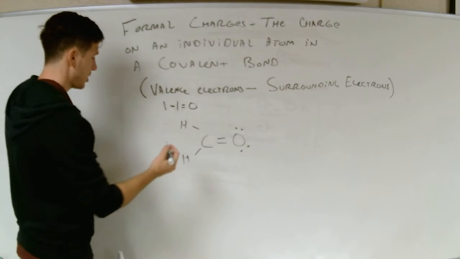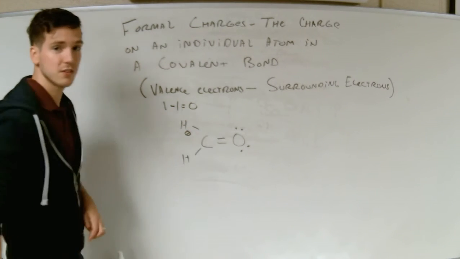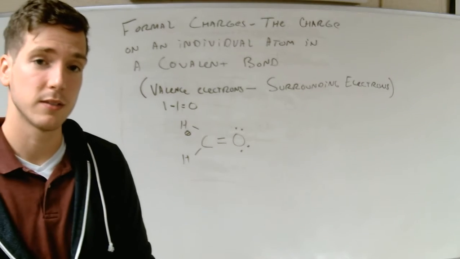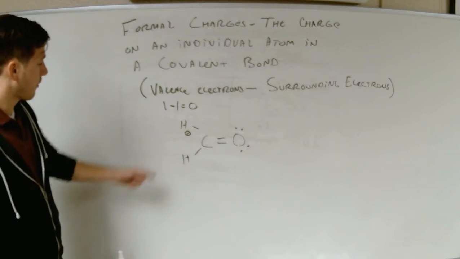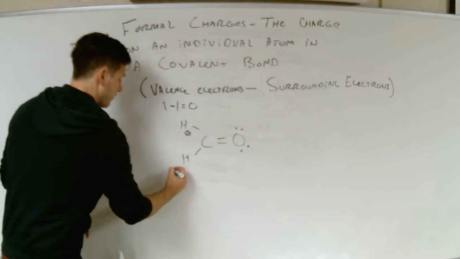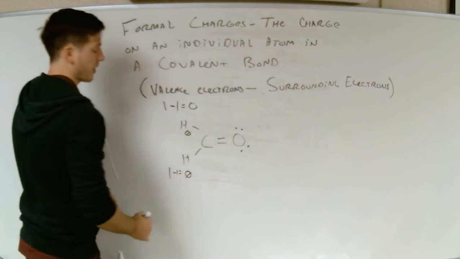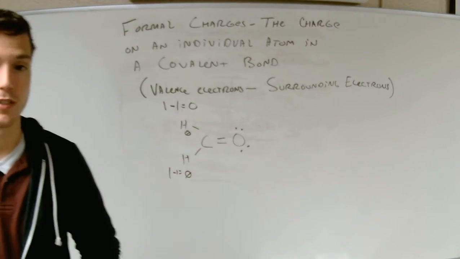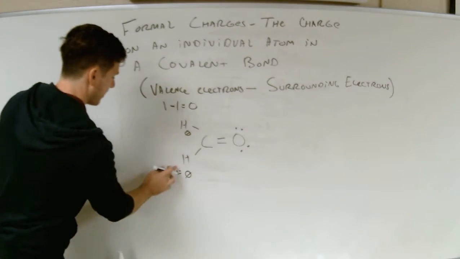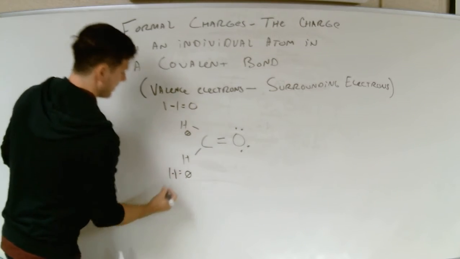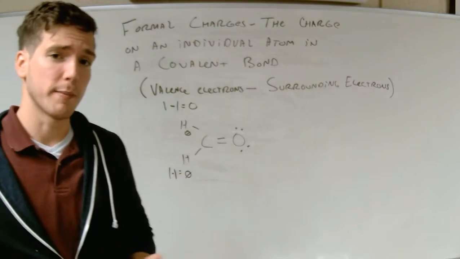So the formal charge on this hydrogen is 0. You could say the same thing for this hydrogen. One valence electron is just surrounded by one bond. It's also got a formal charge of 0. That's 1 minus 1 equals 0. There you go.